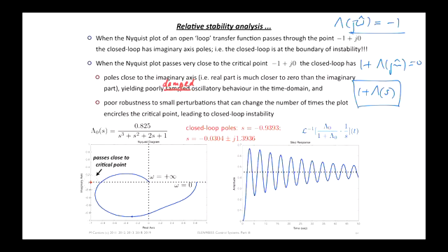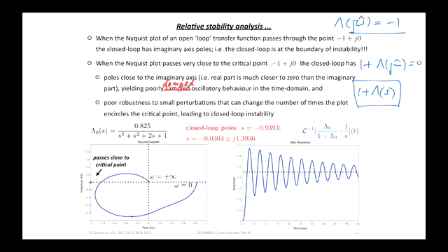Now, if I'm just very close to the critical point, what have I done? I've scaled things back a little bit, and the closed loop poles vary continuously. So if I've only done it a little bit, so that I'm still close to minus 1, I'm going to get closed loop poles that are close to the imaginary axis, so smaller real part than imaginary part. And we know that if we kicked a system like that, it'll have lots of oscillations. It'll decay very slowly, but with lots of oscillations.